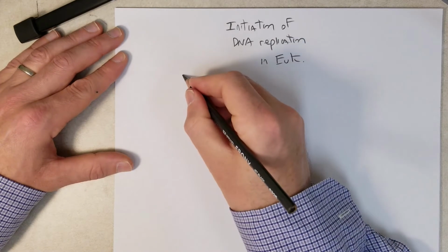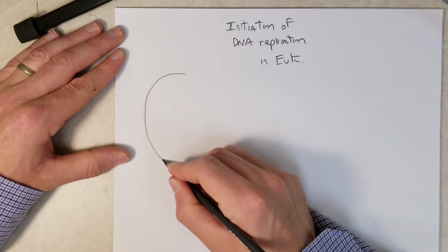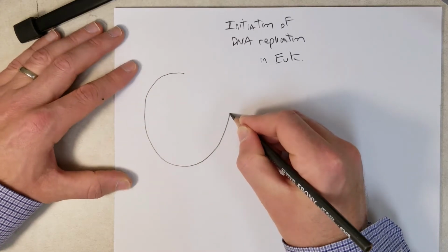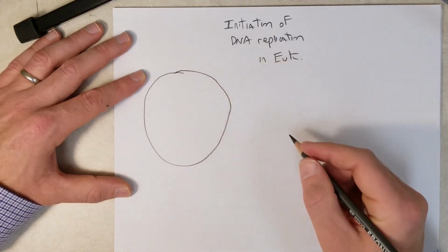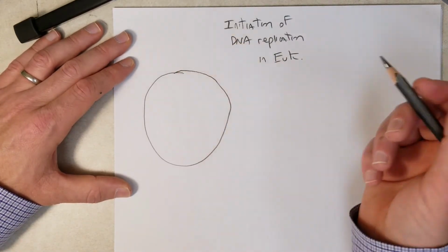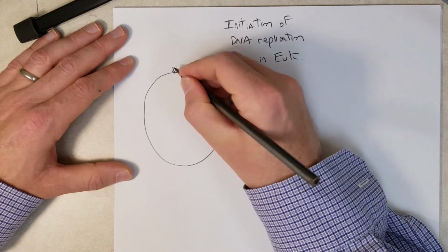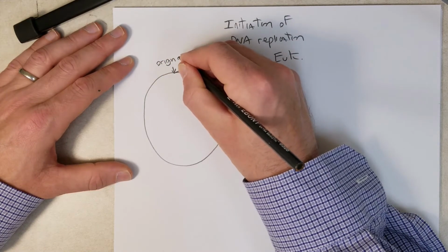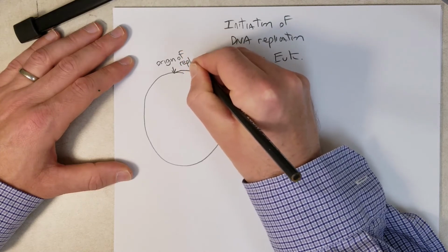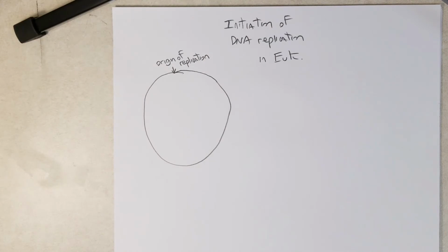Now, many of you probably remember from maybe genetics or BSE 197 that DNA replication in prokaryotes, prokaryotes typically have one circular chromosome, and DNA replication usually starts from a single origin of replication, like that.